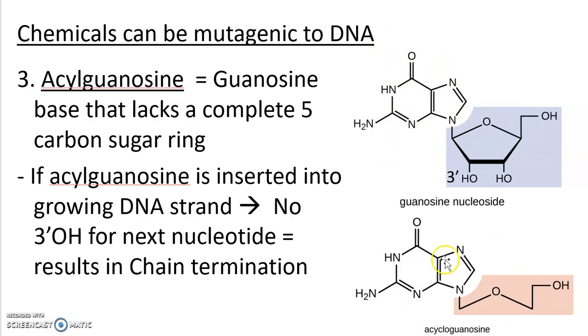But in this bottom one, we have what's called acycloguanosine. If you look at this, it's missing the bottom half of the sugar, so there's no 3' hydroxyl group for the addition of the next base. If your DNA polymerase inserts this in, you're going to get what's known as a chain termination. Your DNA polymerase is going to stop right there because there's nowhere to add the next base.